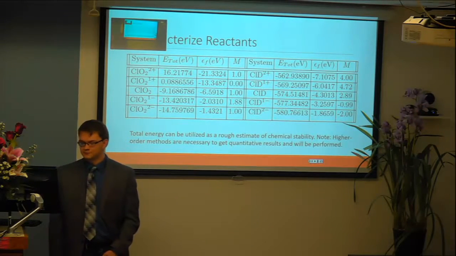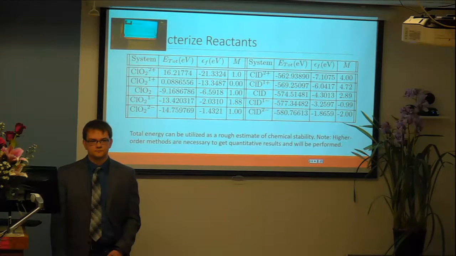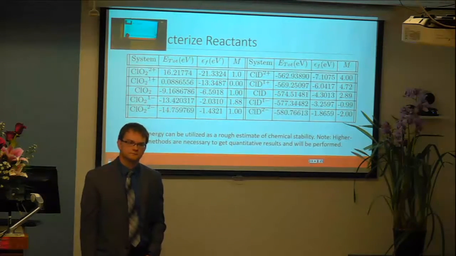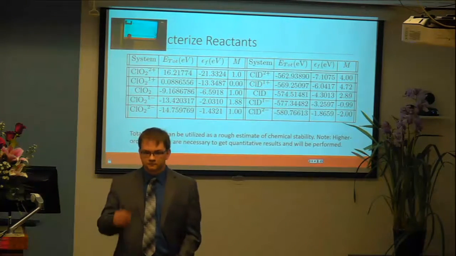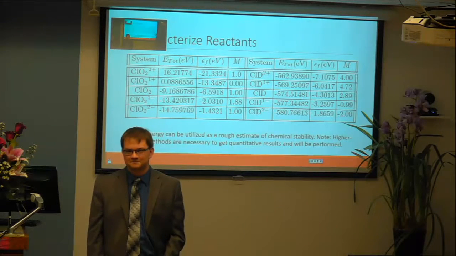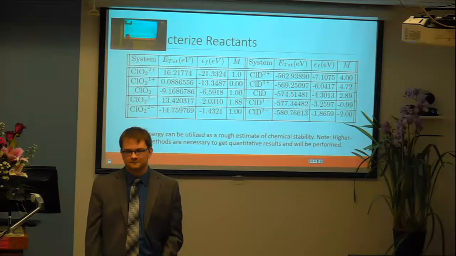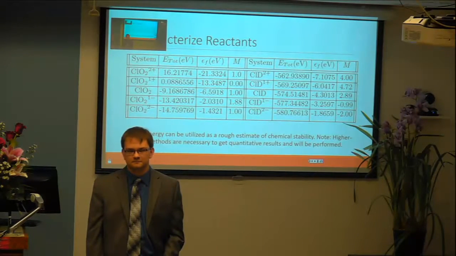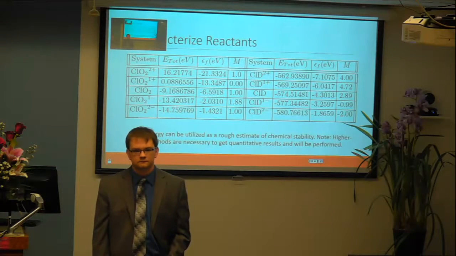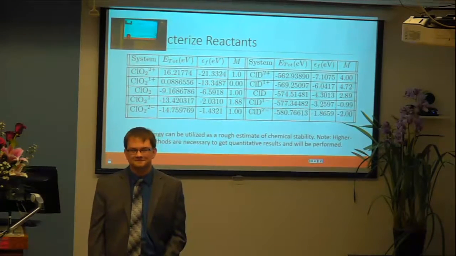Because in aqueous solution, ClO2 minus would actually be solvated chlorine monoxide. Right. So it wouldn't be chlorine 3 anymore. It'd be chlorine 2. You need somewhere for the electron to come from. Yeah, I get your point. But in the actual reaction, ClO2 minus would be nonsense. Right. Yes.